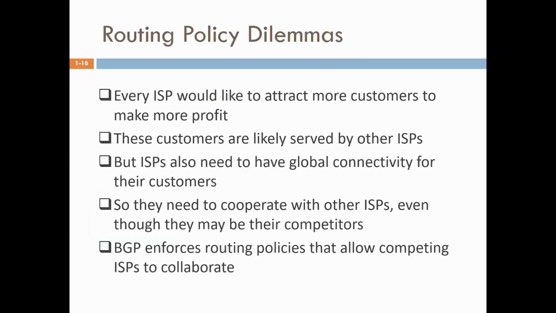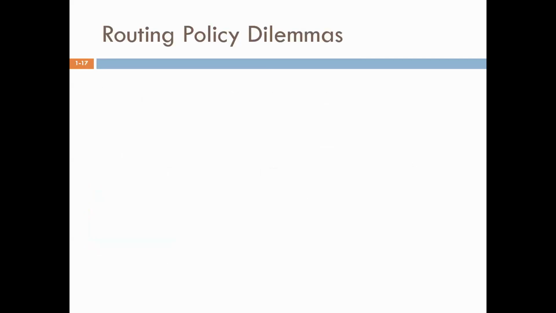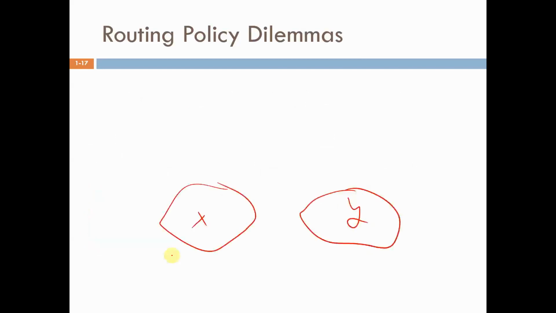Now, every autonomous system will have a dilemma as to what kind of policies or what kind of announcements it accepts or rejects. Let's say you have autonomous system X and autonomous system Y. Autonomous system X has some customers. They are subscribers of ISP X, and autonomous system Y also has some customers.